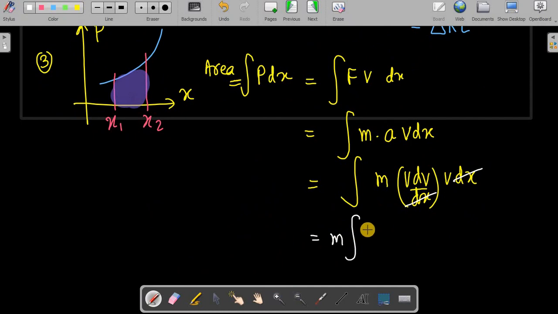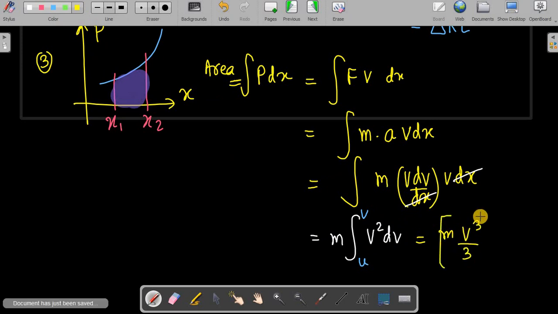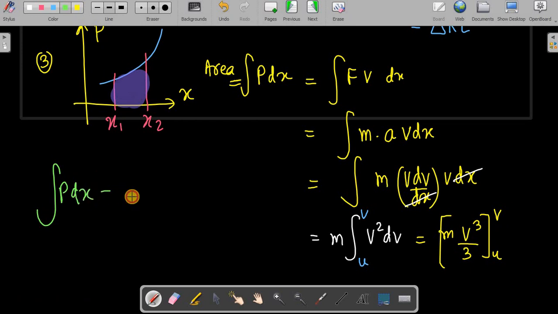Mass is constant, take it out; this is v squared dv, with velocity going from u to v, initial to final. This integration gives m v cube by 3 with upper and lower limits. So the area of P dx is m by 3 times (v cube minus u cube).